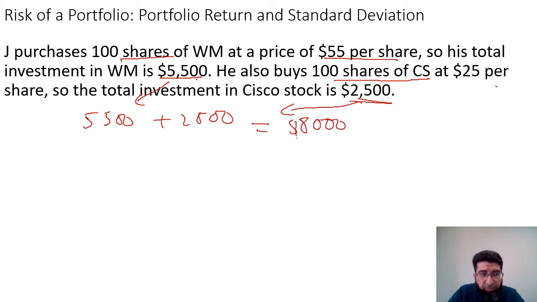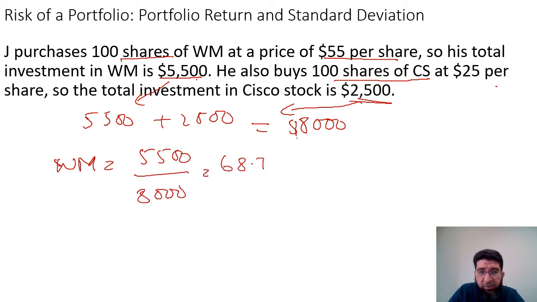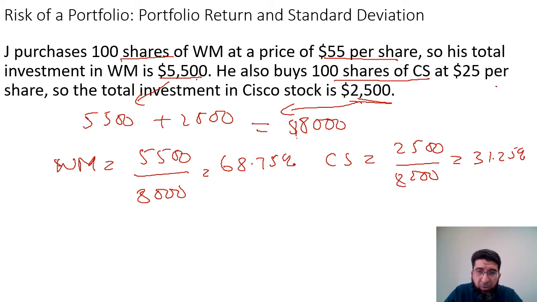$8,000. Now, of this $8,000, the WM portion is 5,500 divided by 8,000, which gives us 68.75%, while for the CS we have 2,500 divided by 8,000, and the weight is 31.25%. You can also do a small trick.